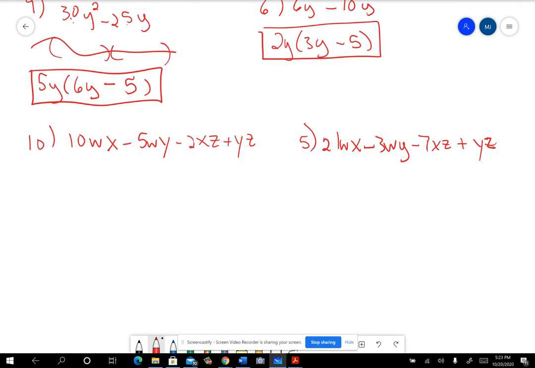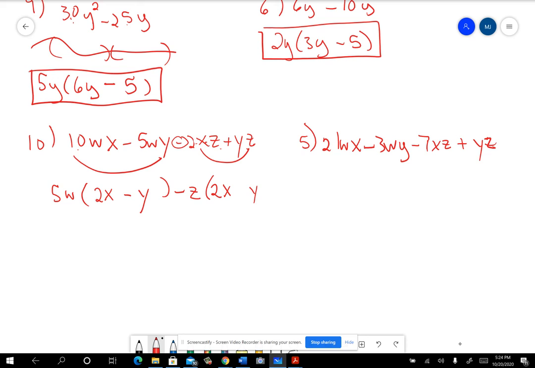All right, so if you did this one the regular way, you would have looked at how 5w was common. And when you pull out the common 5w, there's a 2x minus y left. Here, see how there's a negative there? You're going to pull out the negative along with the z, which is common. When you do, you're going to have a 2 with the x and the y left.